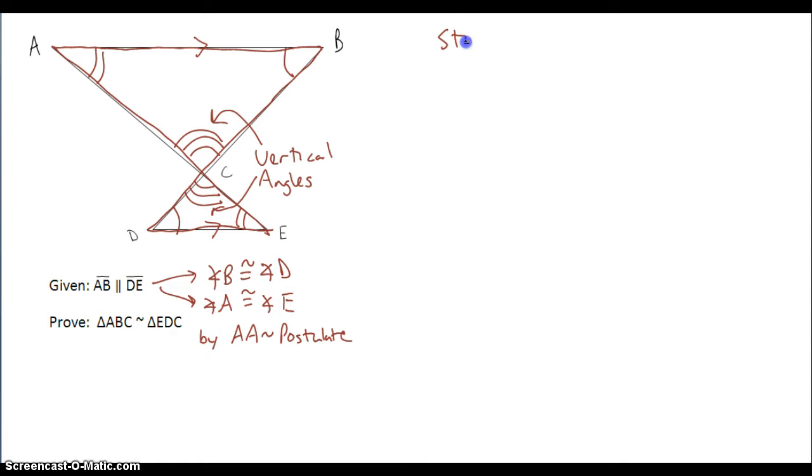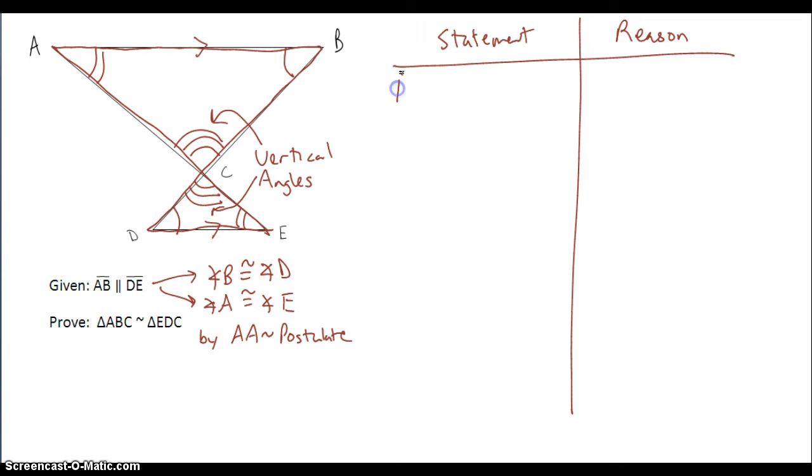So let's write this proof. My first statement is going to be my given. Segment AB is parallel to segment DE. Because my lines are parallel, I can conclude that I have alternate interior angles that are congruent.